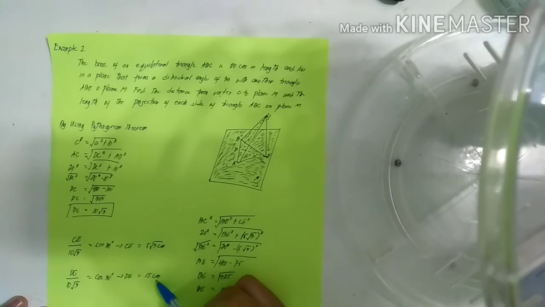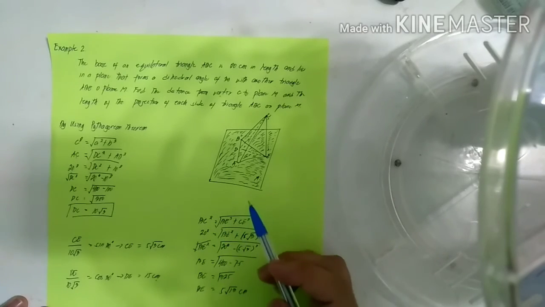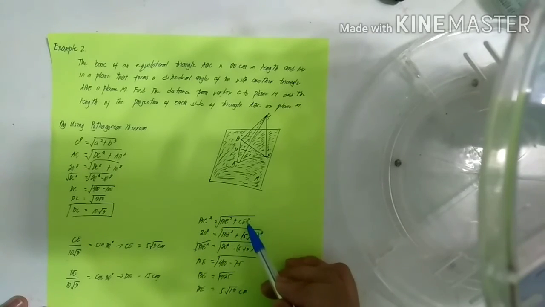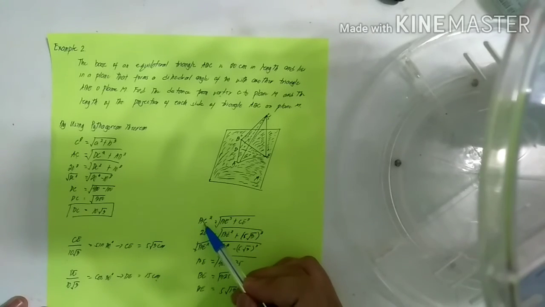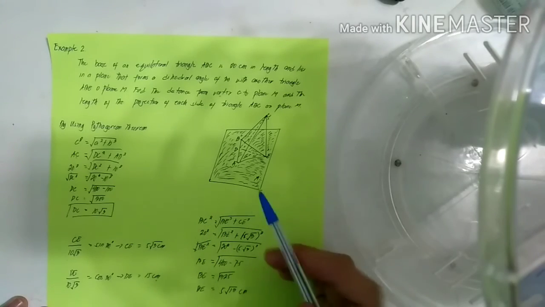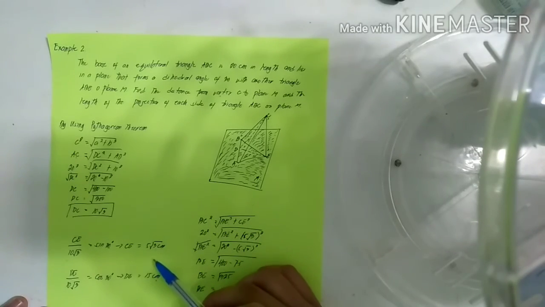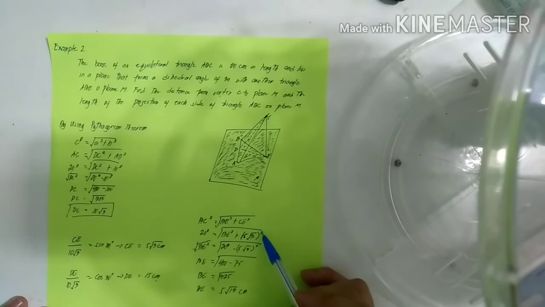Then to solve the BE, we are going to use the Pythagorean theorem. BC squared is equal to BE squared plus CE squared. So that is 20 squared. Yung BC natin is 20 squared. Nasa given din yan. So BE squared plus our CE, yung CE natin is 5 square root of 3 squared.